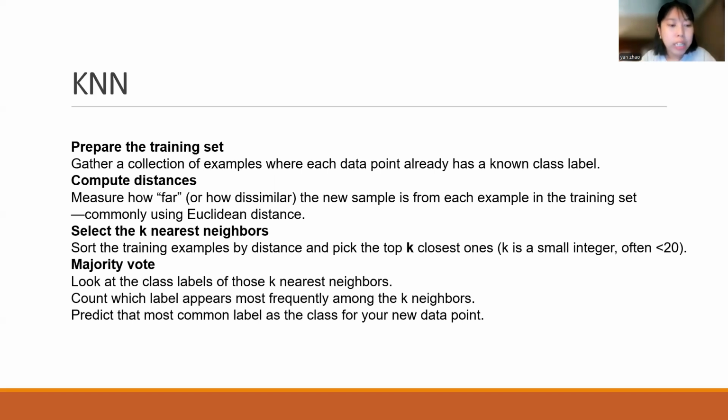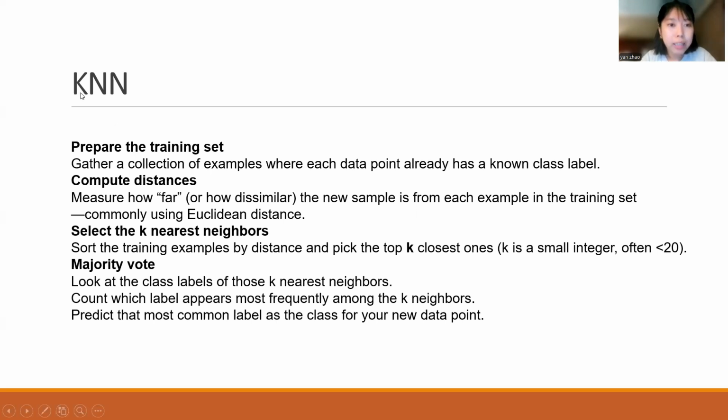Step 2, when we are given a new piece of data without a label, we compare the new piece of data to the whole training data set, calculating the distance between the new piece and the training data set. Step 3, select the k nearest neighbors. We need to sort the training examples by distance and look at the top k closest ones. So this is where the k comes from.